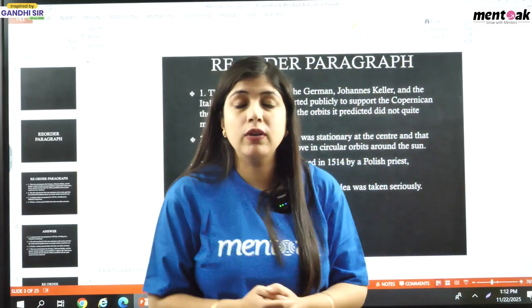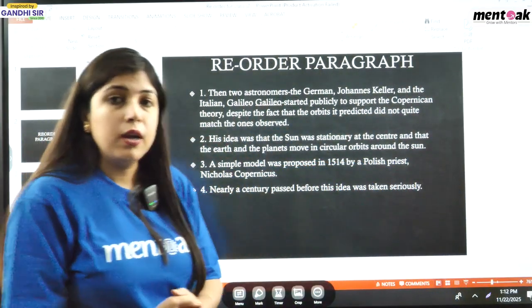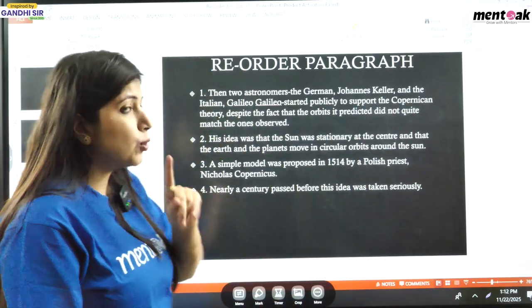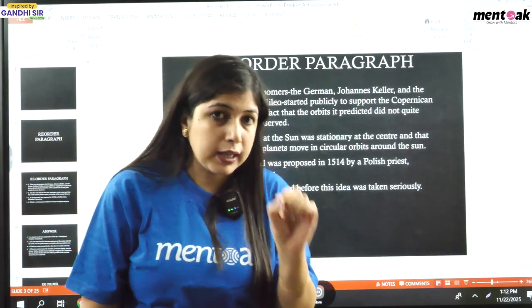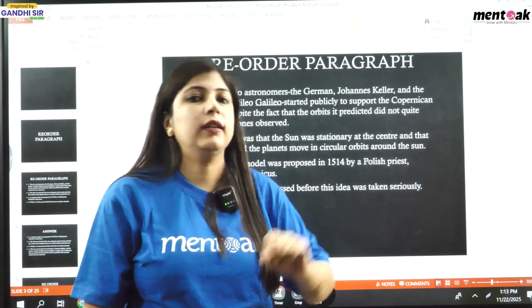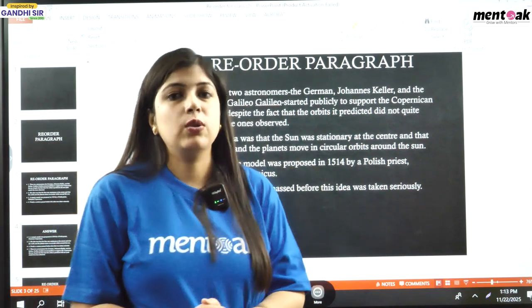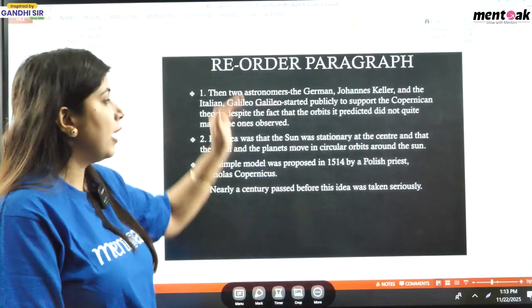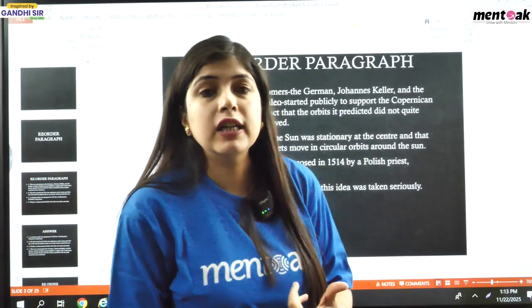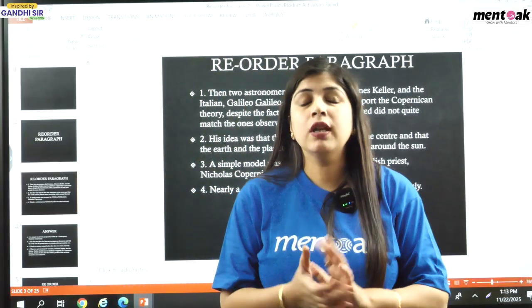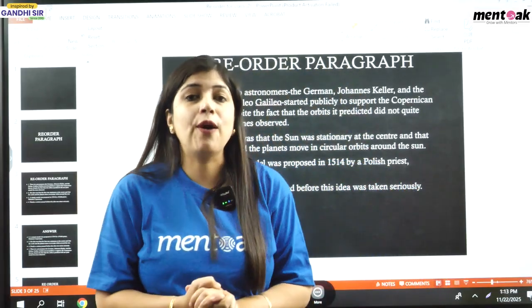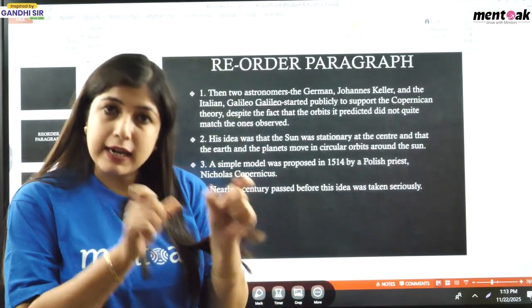Now how can we find the first line among these? For finding the first line, the first rule is to look carefully for the introduction line. Now what is the introduction line? The introduction line means the line that contains a proper name, a proper introduction, and doesn't contain any pronoun or connector at its start.